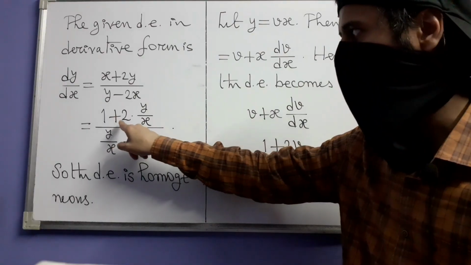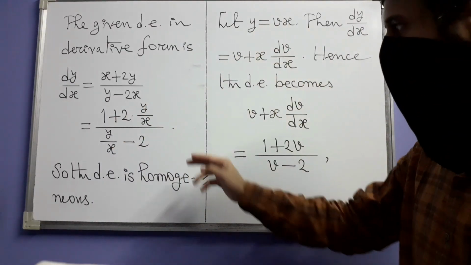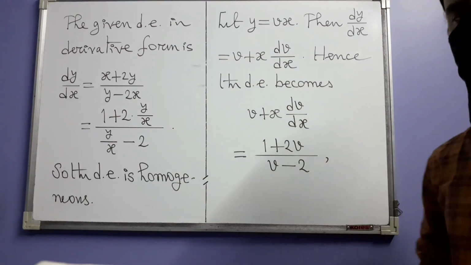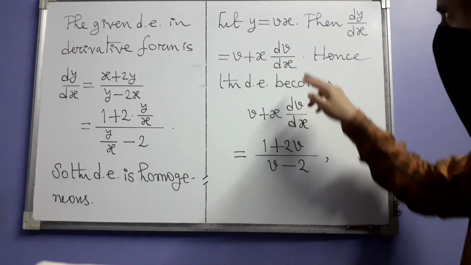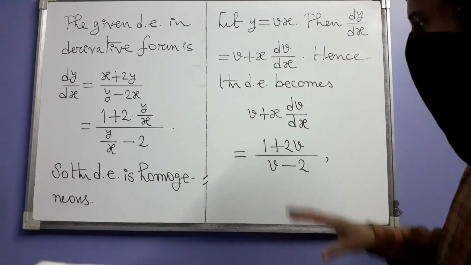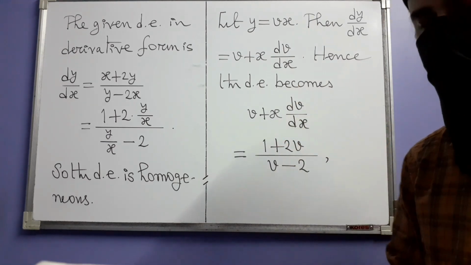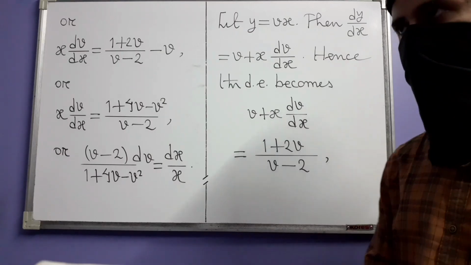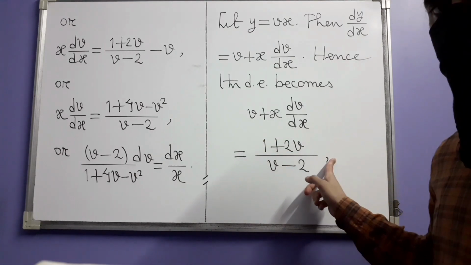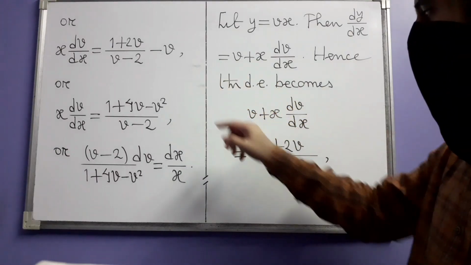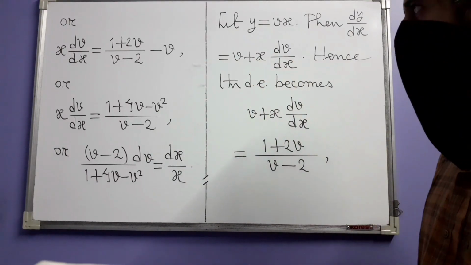That equals (1 plus 2v), since y divided by x is v, divided by (v minus 2). Now, it turns out from the theory that whenever we apply this transformation, we get a separable equation. So we next manipulate this equation a little. We bring v over to this side, so it becomes minus v, and on that side we are left with x times dv/dx.